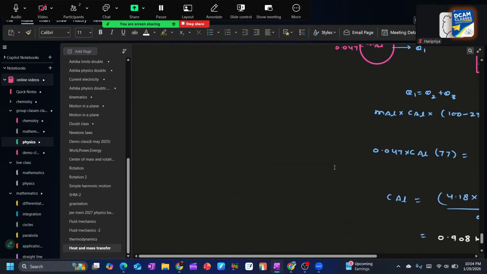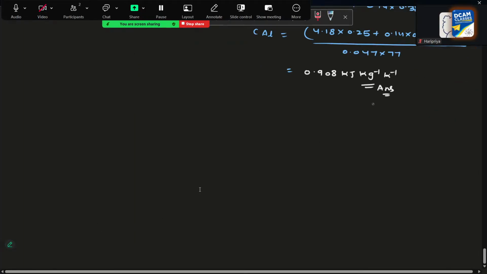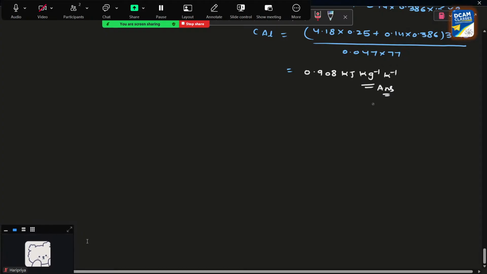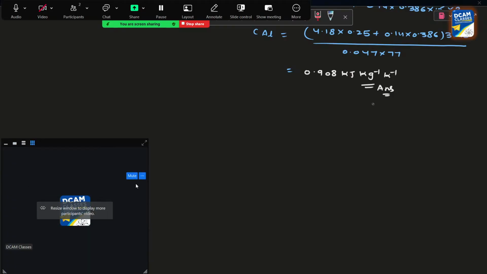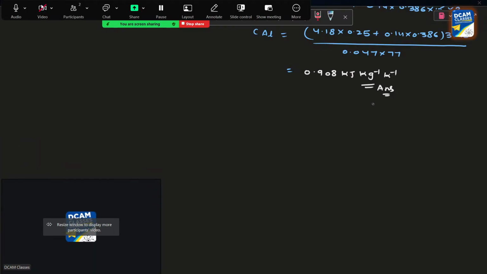In the last class, we were studying specific heat capacity and calorimetry.